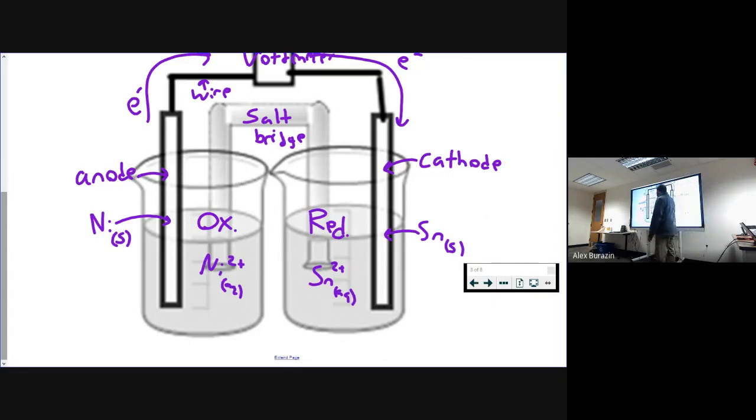What the salt bridge does is it completes the circuit and provides spectator ions to either side. When the electrons are leaving my oxidation half of the cell, the salt bridge provides negatively charged ions to counterbalance that and keep it neutral.